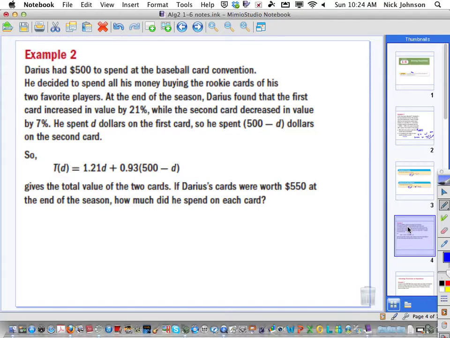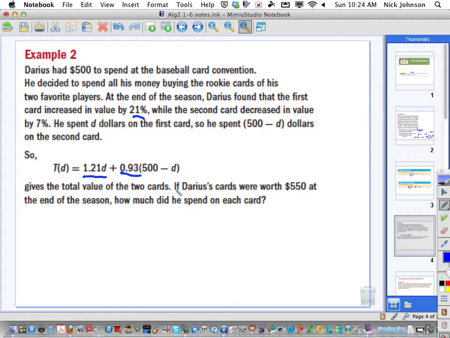So they came up with an equation for the total value of two cards. If you look here, that's the first card because it increased by 0.21. Okay, 1.21, it increased by 0.21. Okay, the second card decreased by 7%, so that's why it's only 0.93 now, times the price of whatever it was.